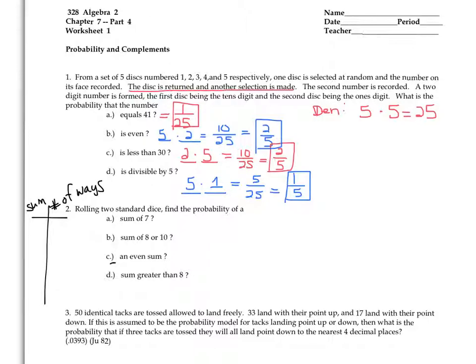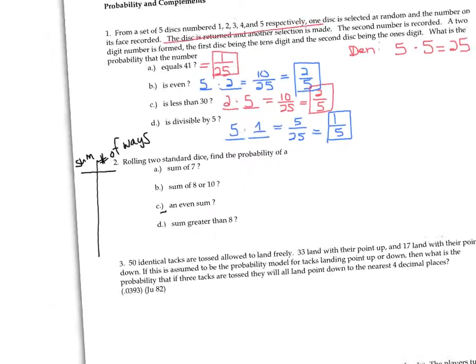Let me zoom in a little bit. So I know my smallest sum will be 2. I'm going to work my way up to 12. Okay, so that's old news.